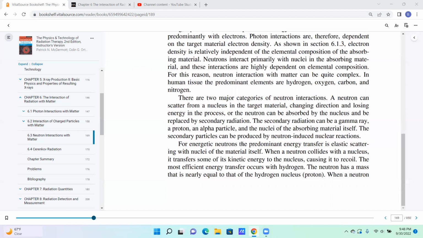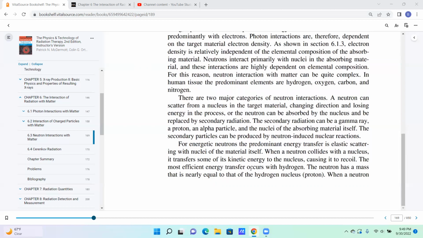For energetic neutrons, the predominant energy transfer is elastic scattering with the nuclei of the material itself. When it collides with the nucleus, it transfers some of its kinetic energy to the nucleus, causing it to recoil. Think of playing pool, having a cue ball strike one of the other balls. It's going to cause it to recoil.